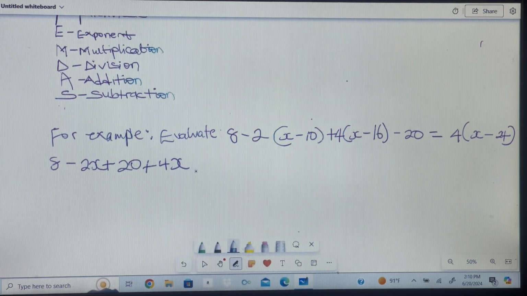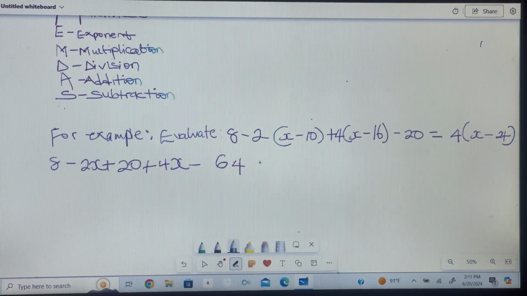Two numbers with different signs give a negative. 4 times 6 is 24, write 4 and carry 2. 4 multiplied by 1 is 4, add the 2, that's 6, so negative 64.